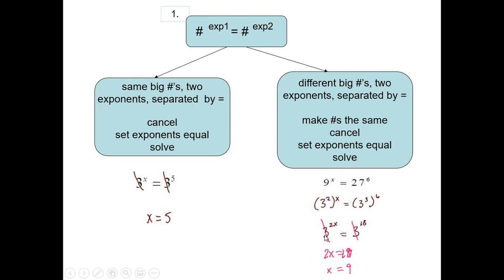And I can rewrite that as 3 to the 2 times x is equal to 3 to the 3 times 6, or 18. That tells me now that I can cancel out the base, and I have 2x is equal to 18, or x is equal to 9. And 9 to the ninth power does indeed equal 27 to the sixth power. You could check that on your calculator if you wanted to.